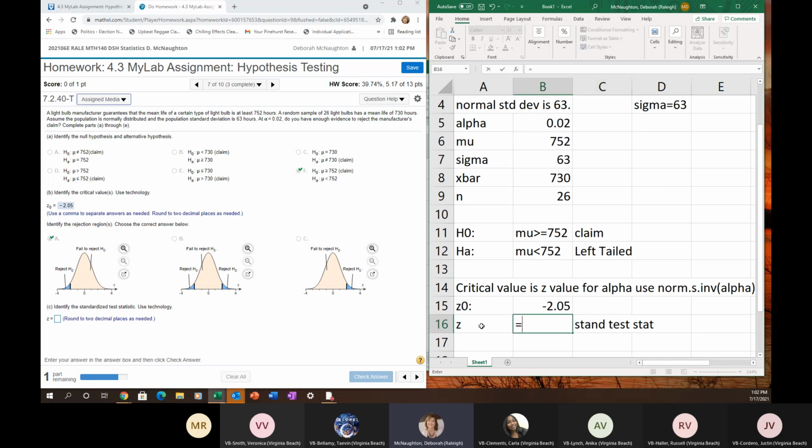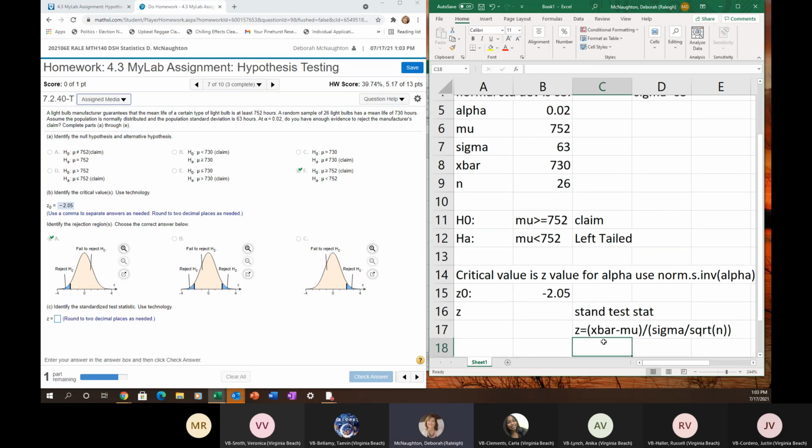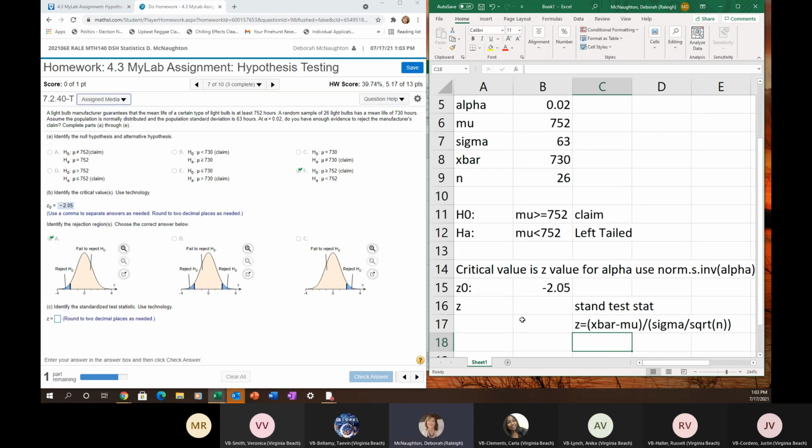Let me write the formula out here. The way we calculate this is Z equals X bar minus mu divided by sigma over the square root of n. That's how we calculate it.